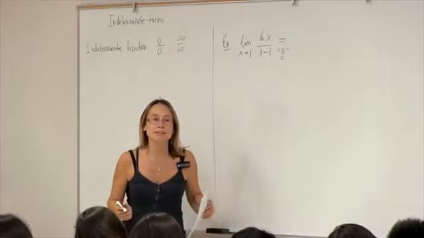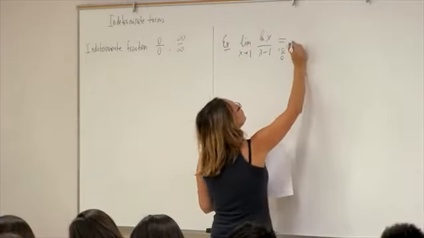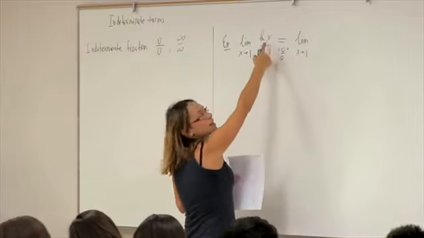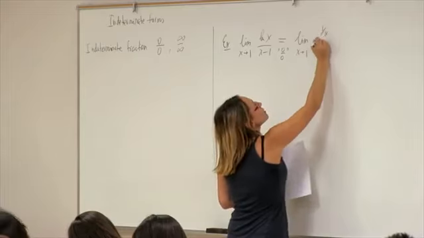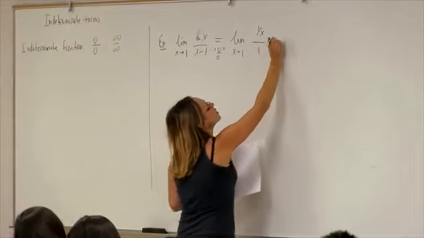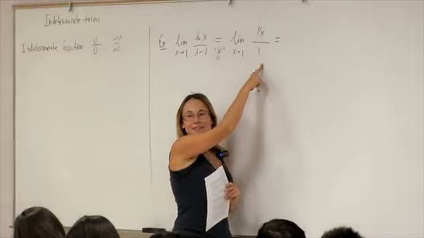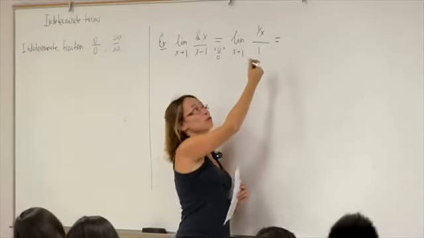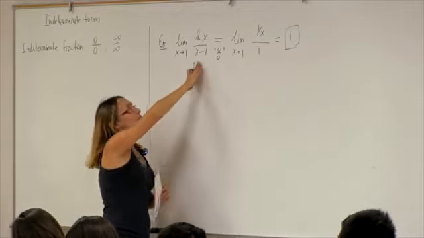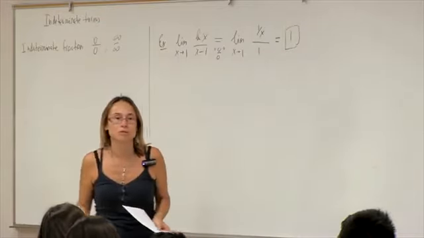What's the next step? We take the derivative. According to L'Hopital's rule, we take the derivative of both functions. So it's the limit as x goes to 1. What's the derivative of log? 1 over x. And the derivative of x is simply 1. Can we take this limit? Yes, this is really easy. It's 1 over 1. So like magic, it turns this indeterminate form into something that is simple and easy to evaluate.